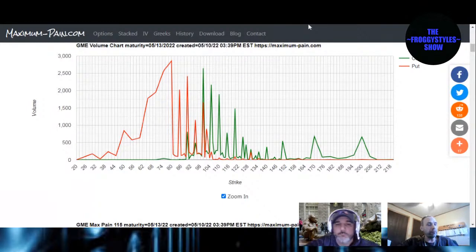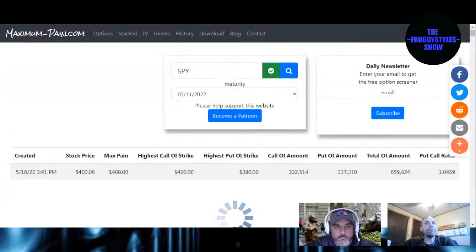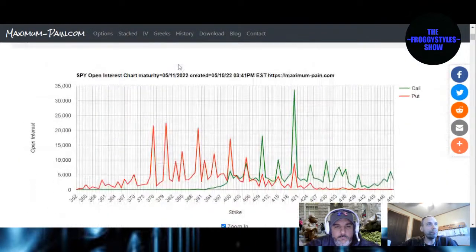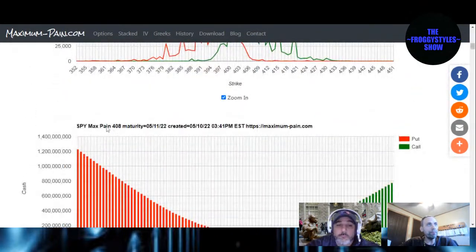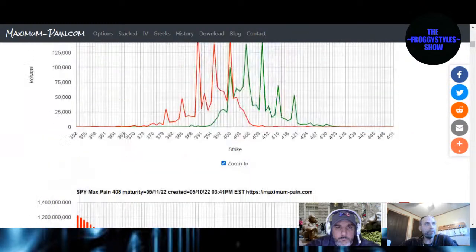So let's see what the next one is. We're going to check out SPY just because we want to pay attention to the overall market. 398, that's not looking very good. And we got max pain again, skipping first chart, going to the second one. The calculated max pain, the one that everybody's using, that a site just generates for them, it's 408.